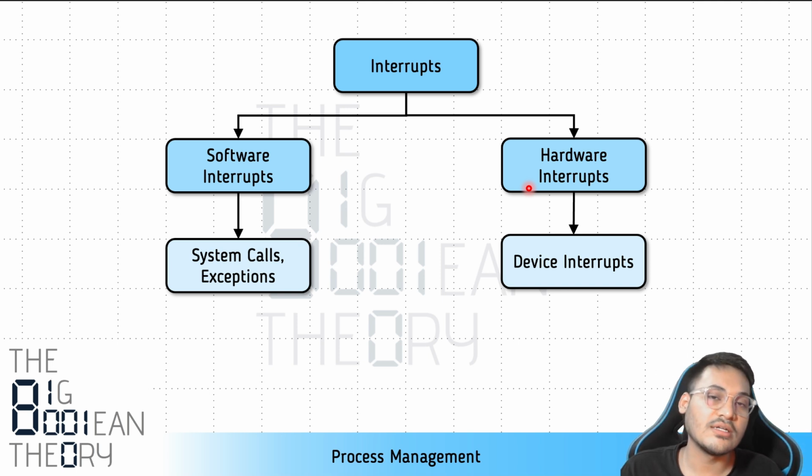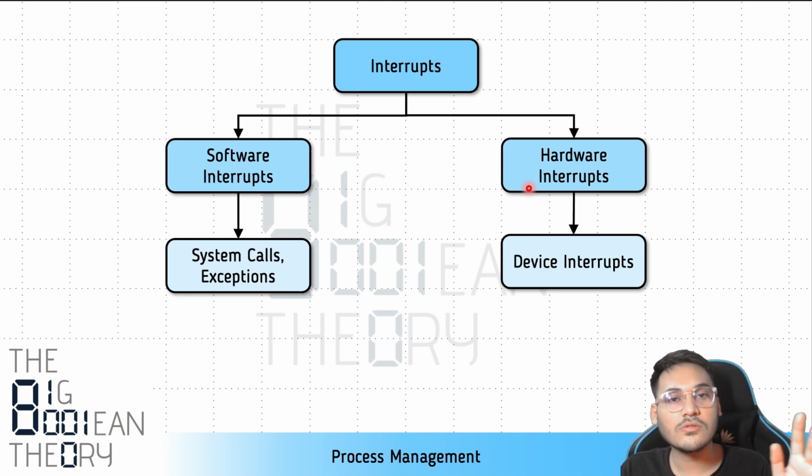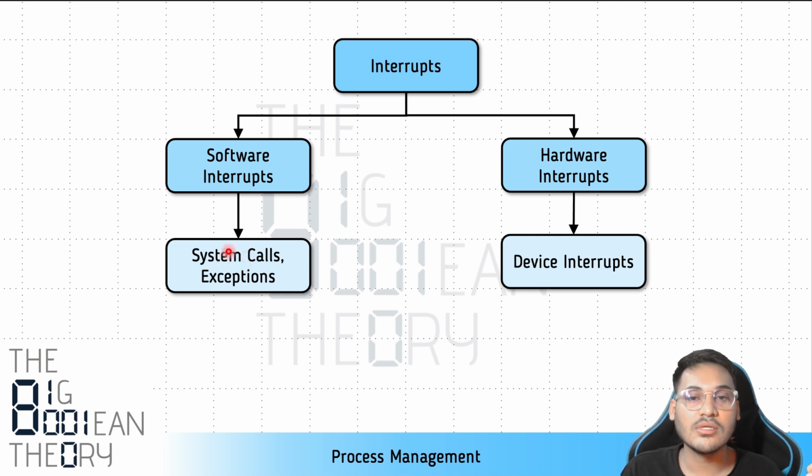So a software interrupt is an interrupt from the software, used to notify the CPU that there is some event or situation that needs attention from the operating system. System calls are a type of software interrupt, right?